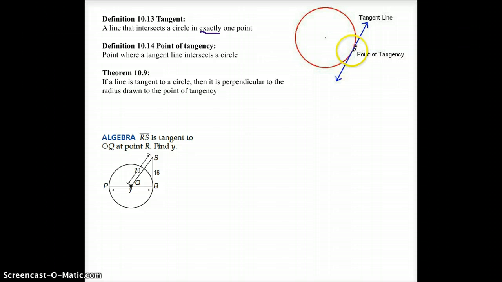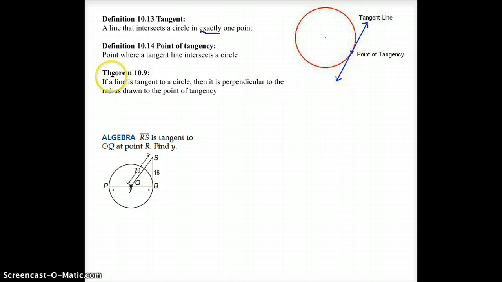Really, it's only touching it at this one precise point here, which we'll make a little bit bold for us there. And that's the only point where the line touches the circle, and that's the point of tangency. And the tangent line never goes inside the circle at all. It just touches the circle one time there.